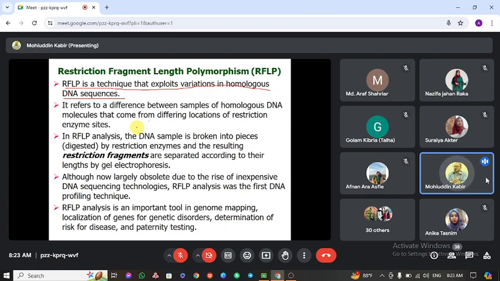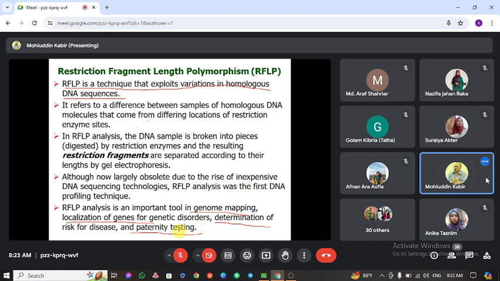So this technique is very helpful in genome mapping. This tool is very helpful in genome mapping to locate the genes for genetic disorders, to determine the risk for different diseases, and for paternity testing.